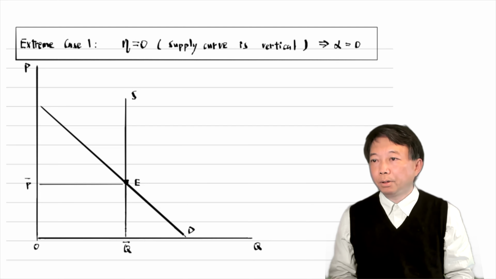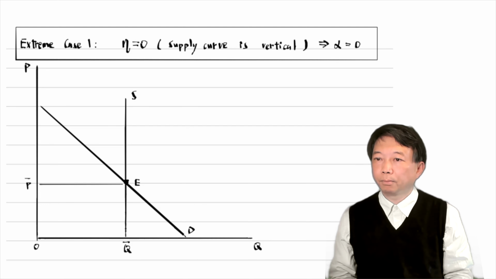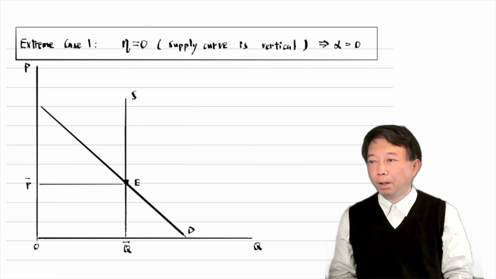Although tariffs increase production costs, the market equilibrium remains unchanged, resulting in no change in market price. Consequently, consumers bear no portion of the tariff burden. An example of this scenario would be perishable agricultural products that cannot be stored, such as imported bananas.